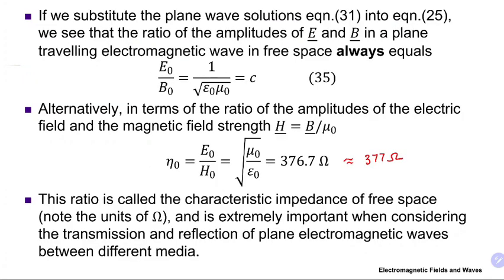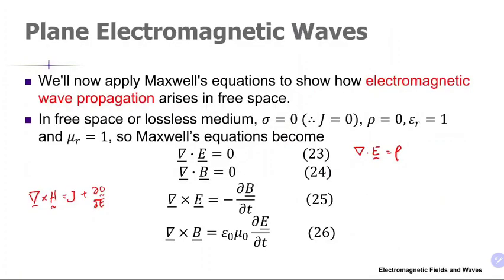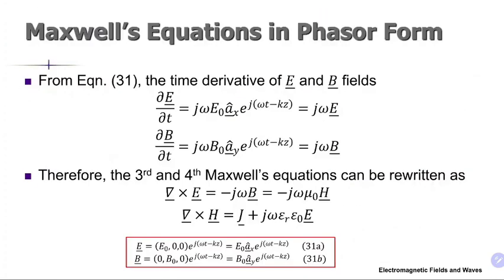Maxwell equations, we can write them in phasor form. Previously we showed that this is our Maxwell equations. This is in derivative form, so your B and E in equations 25 and 26 are in the time derivative. We can make this into phasor form. Just now we said that the solution to the wave propagating is E in the x direction that has exponential j omega t minus kz.